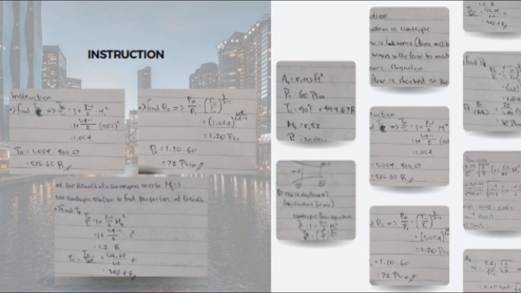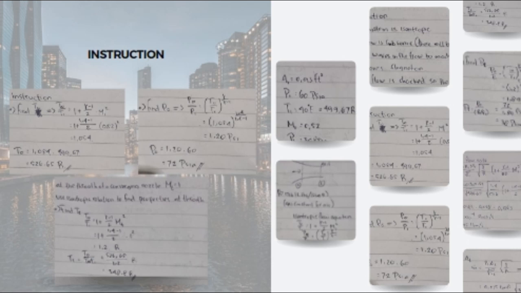So we get the T0 per T1 is 1.054 and the T0 we get 526.65 R. So after we find the T0, we find the P0 with the equation P0 per P1 equal to open bracket T0 per T1 close bracket to the power lambda per lambda minus 1.